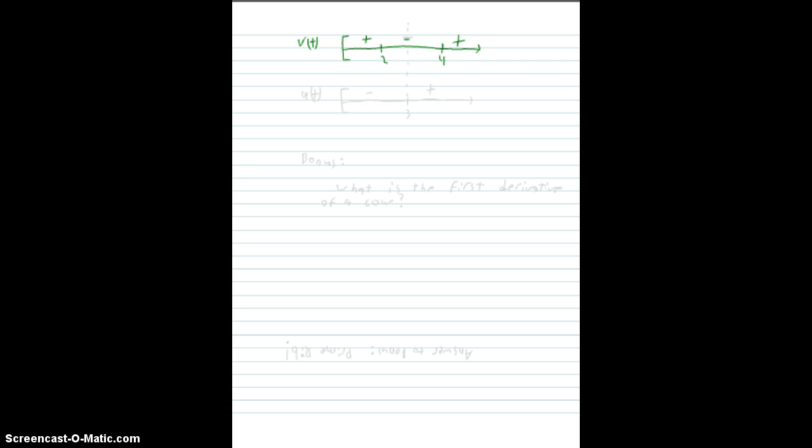Then you evaluate the same way with the acceleration. Draw this sign diagram out. There's only one critical point, which occurs at 3. Less than 3, it's negative when you plug it into the acceleration function, and greater than 3, of course, it's going to be positive.